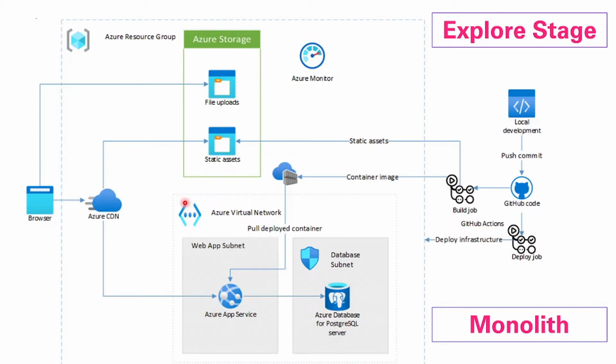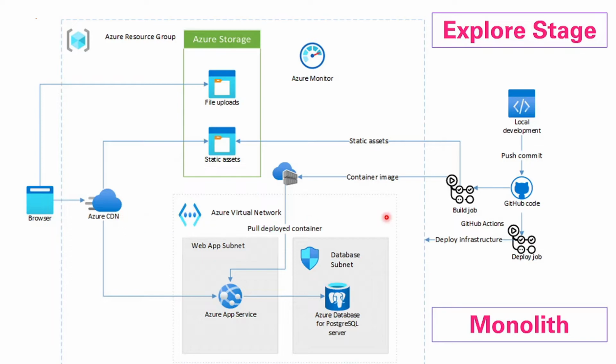All of it is in a virtual network, with the App Service in a web app subnet and the database in the database subnet. We would have Azure Storage, where we can store the file uploads and the static assets. There is the Azure CDN, which can be used for the static assets.